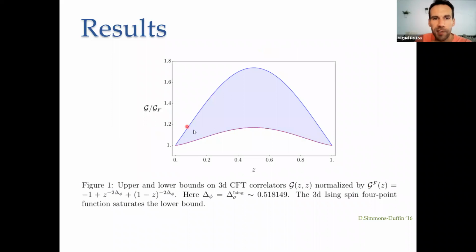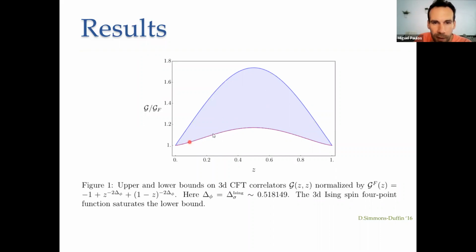So this is just to make the statement that now I'm looking at upper and lower bounds as a function of z. I'm plotting the correlator normalized by this funny 1D fermion solution because it's convenient. And delta phi here, I take it to be the Ising delta, so 0.518. So for this case, there is both an upper and lower bound. So any 3D CFT correlator has to live here in this blue region.